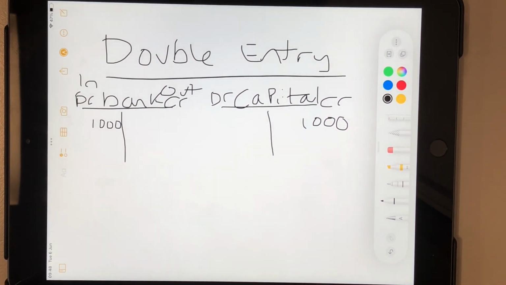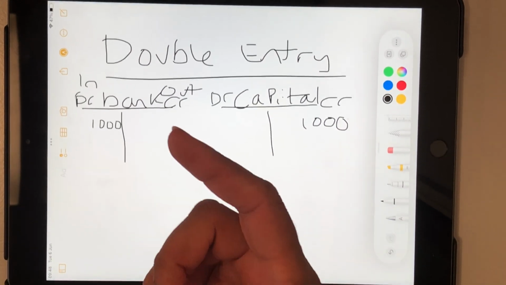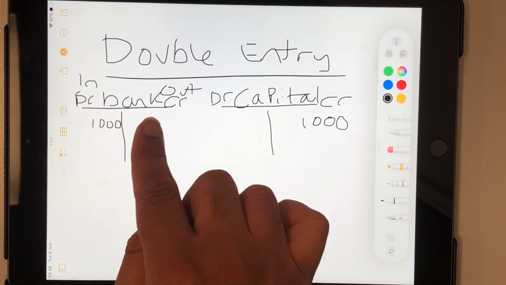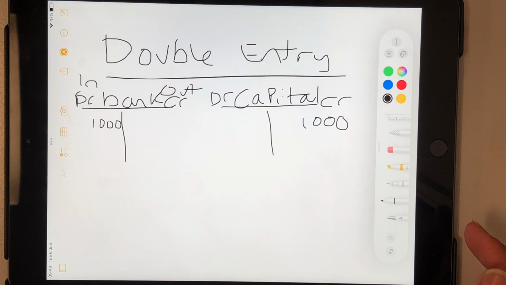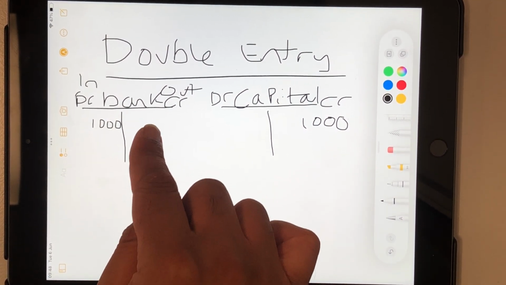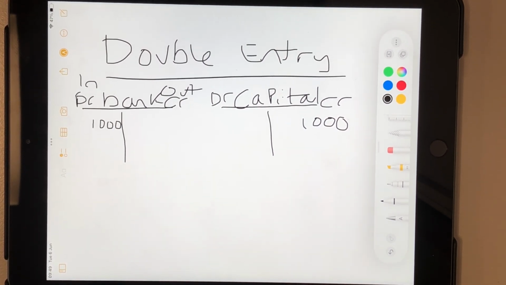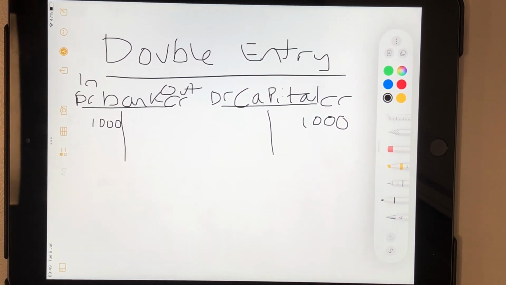When you put a transaction in, you have to use two accounts. You can't say, I'm going to debit the bank and credit the bank. That doesn't make sense. You're either putting money in or you're taking money out. So the first ever transaction for any company will be to put money into the bank account.